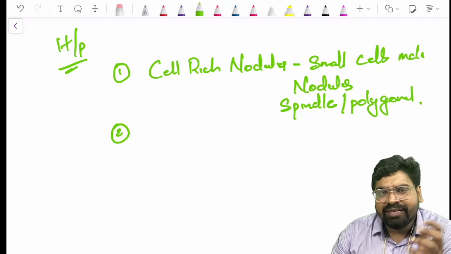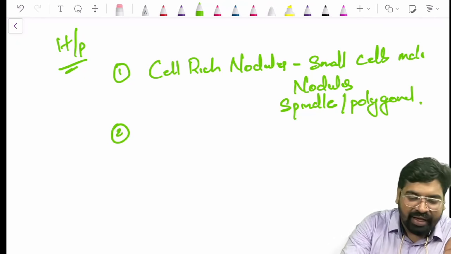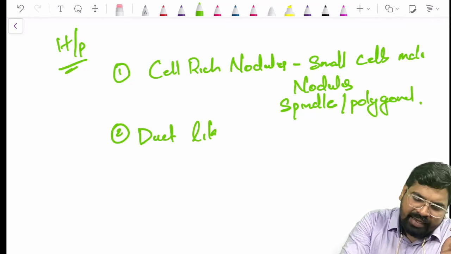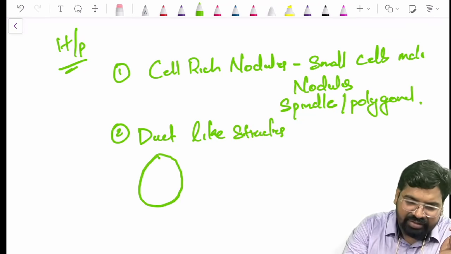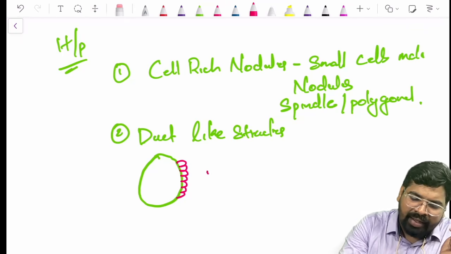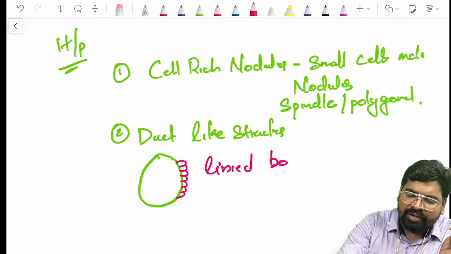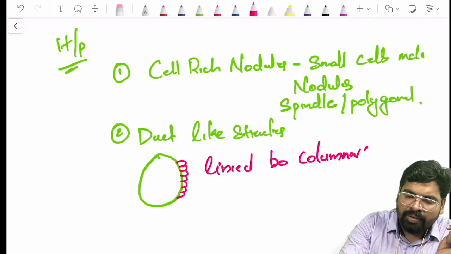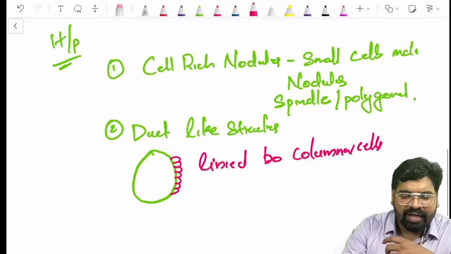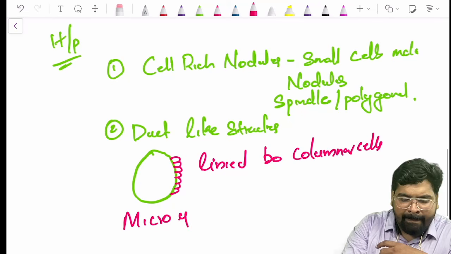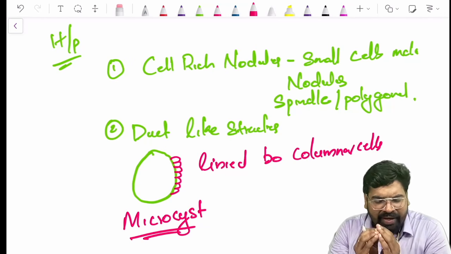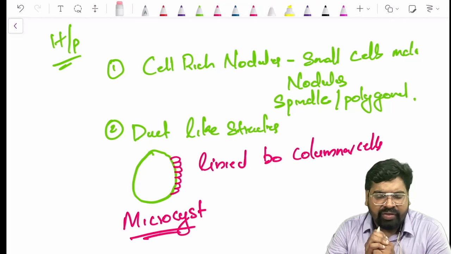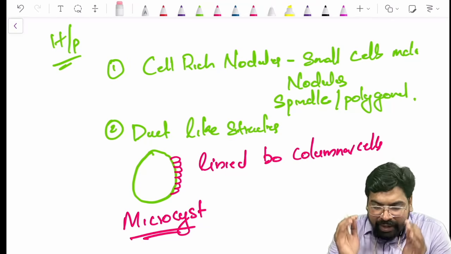So here also you can see duct-like structures, lined by columnar cells. They are called microcysts, very small cystic spaces. They are called duct-like structures or microcystic spaces.